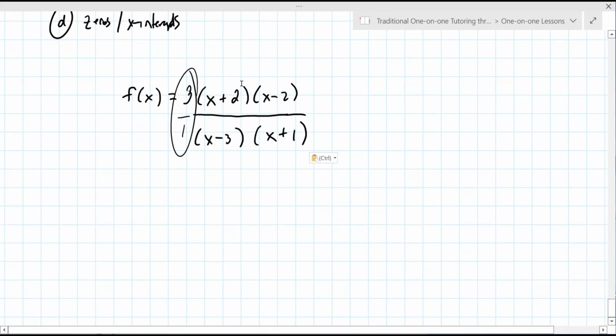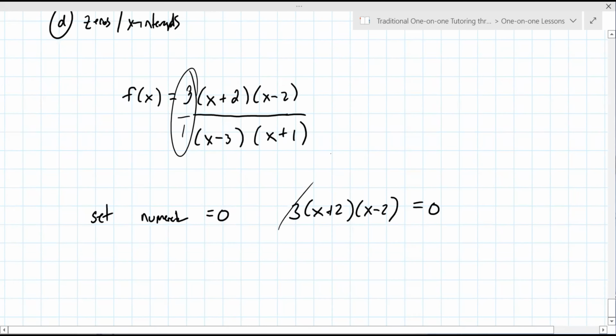To find the zeros or the x-intercepts, you set the numerator equal to 0. So that 3 comes with it. You can just say 3(x + 2)(x - 2) equals 0. The 3 doesn't factor in, but the x + 2 you set equal to 0, and the x - 2 you set equal to 0. So x equals -2, x equals positive 2.